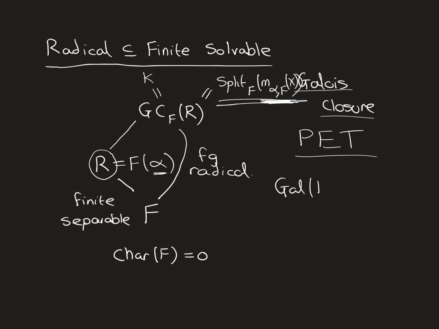If I think about the Galois group of K over F, this is going to contain a bunch of automorphisms that are going to fix F, and they're going to alter R. R is not going to be mapped to itself by these automorphisms.